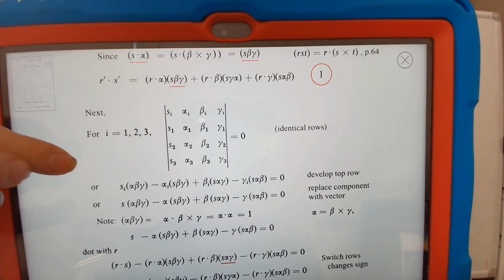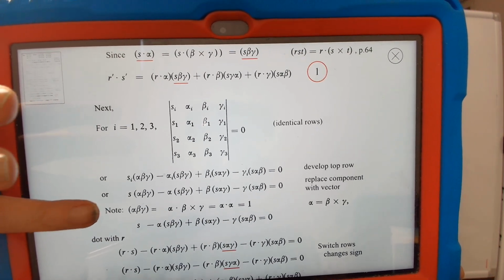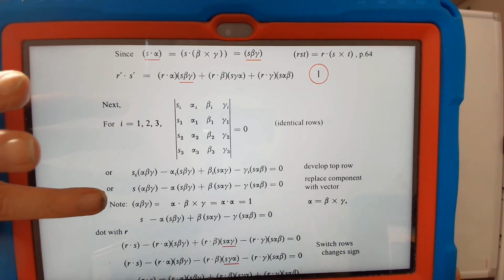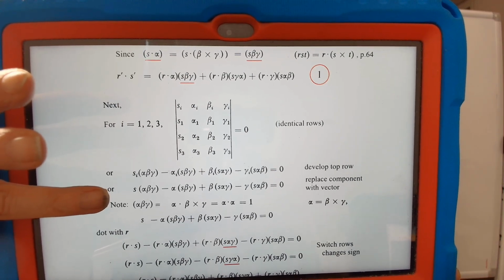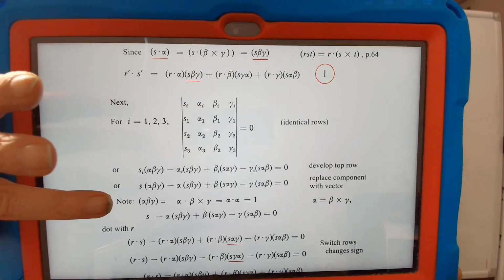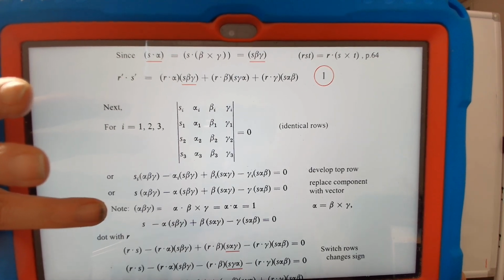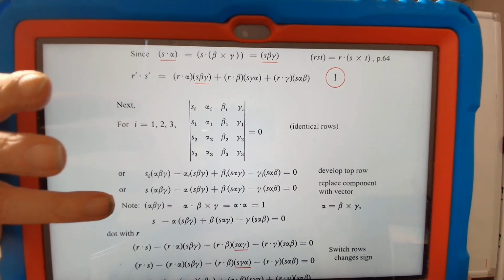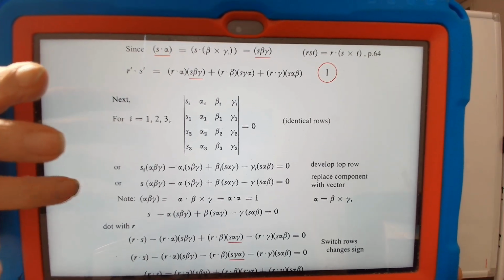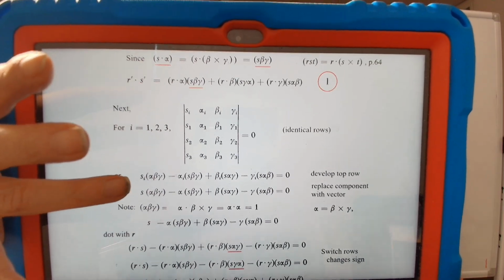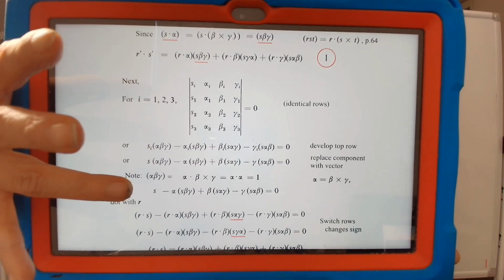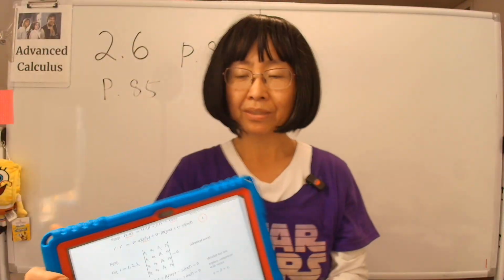So we'll use that same trick here, the alpha beta gamma is alpha dot beta cross gamma. And what is beta cross gamma? Beta cross gamma is alpha. Okay, that's how we define these things. And so therefore we can put alpha there, and alpha dot alpha equals 1 is also how we defined it. So in other words, this whole thing is 1. So we can write this equation down without the alpha beta gamma. The rest stays the same.